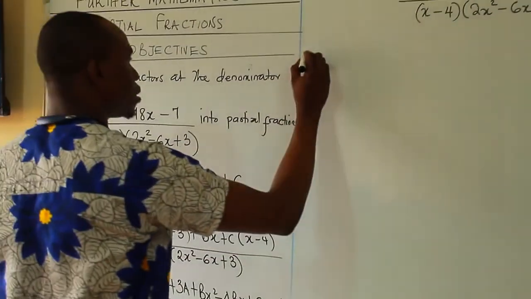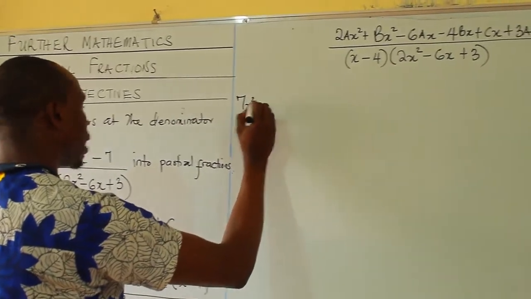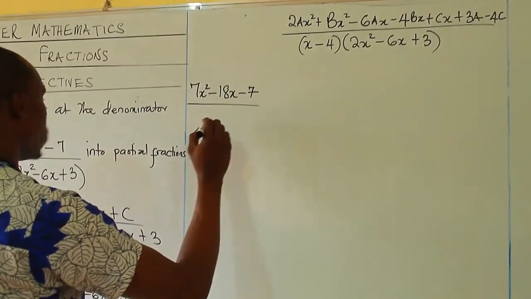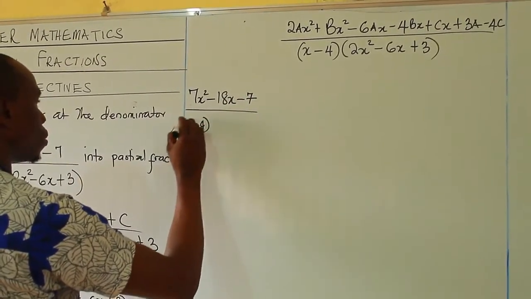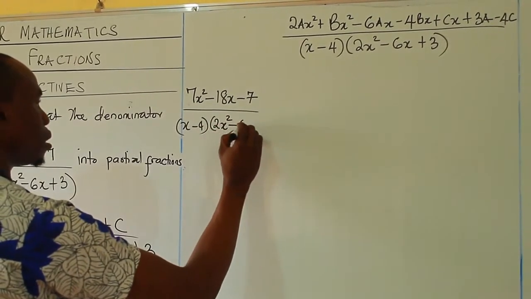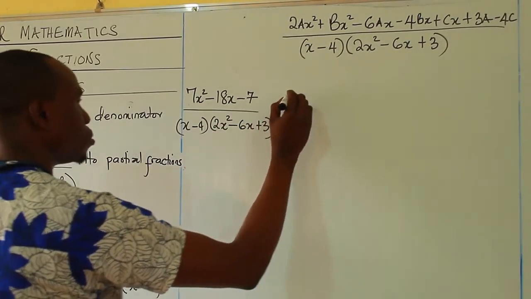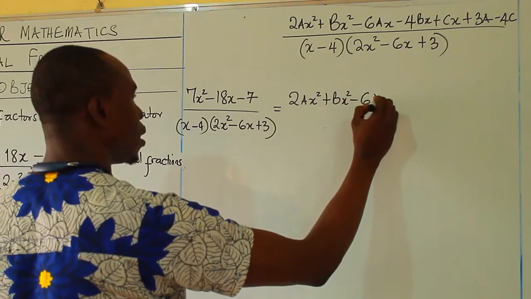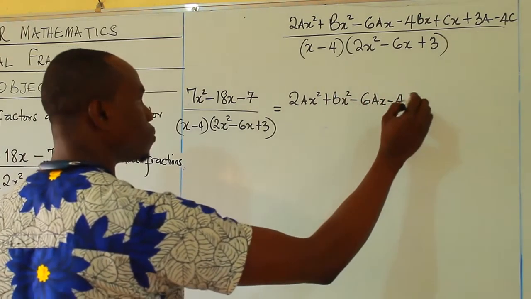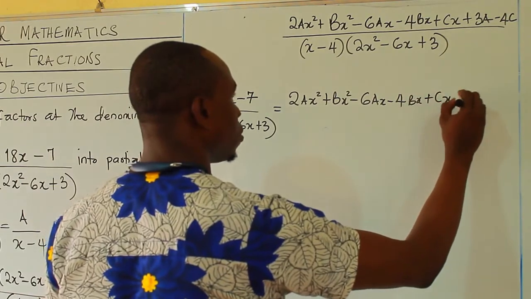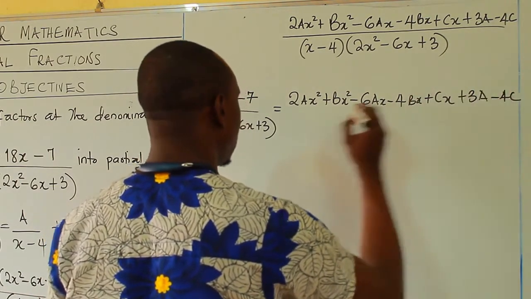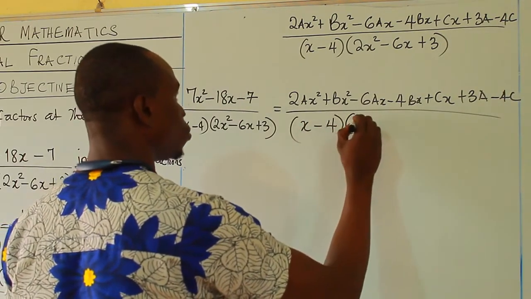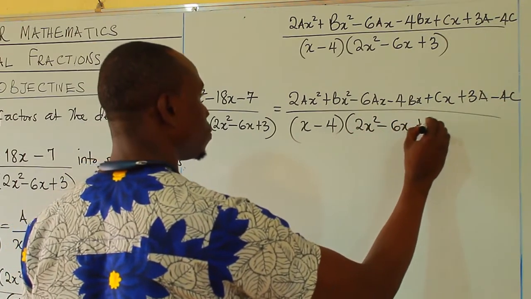So I'll write 7x squared minus 18x minus 7 all over x minus 4, 2x squared minus 6x plus 3 to be equal to 2ax squared plus bx squared minus 6ax minus 4bx plus cx plus 3a minus 4c all over x minus 4 and 2x squared minus 6x plus 3.